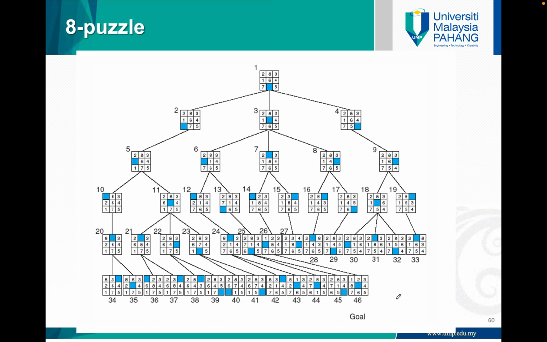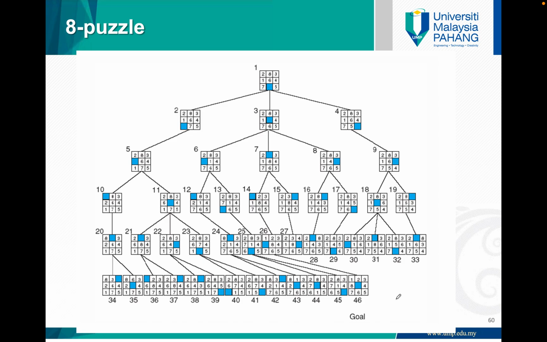So for this algorithm, it repeatedly applies depth limited search with increasing limit. That means it can increase the limit. It doesn't stop at 2. In the previous one, when the question gives you the limit, you cannot go beyond that, right?